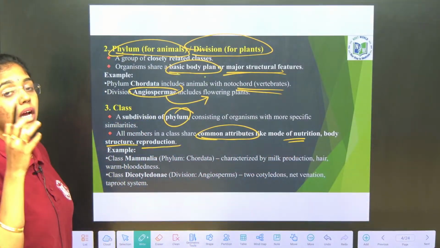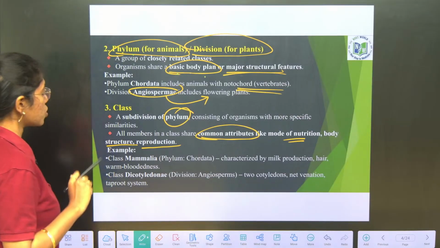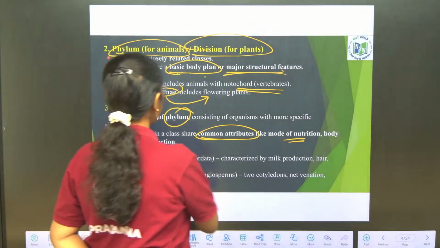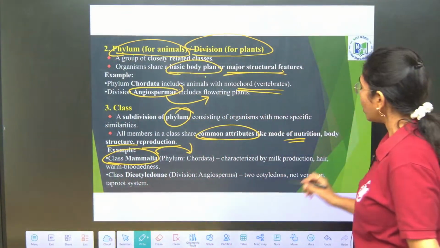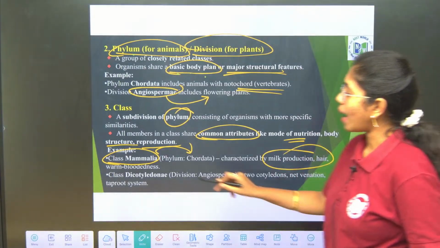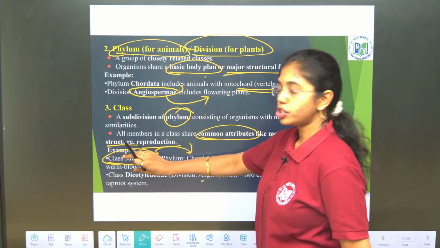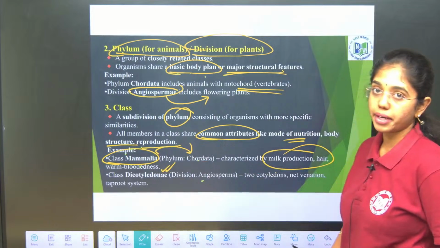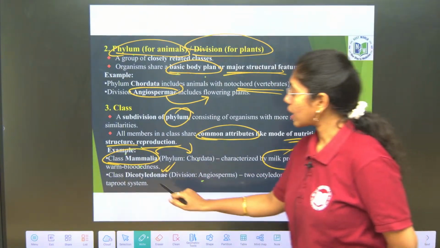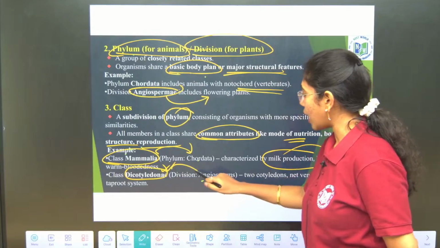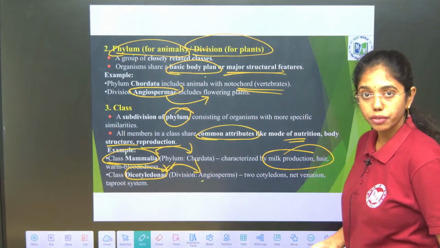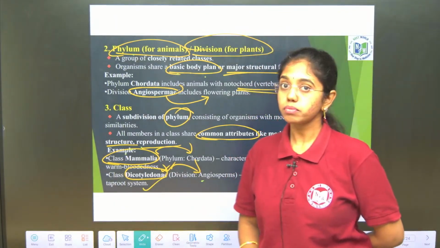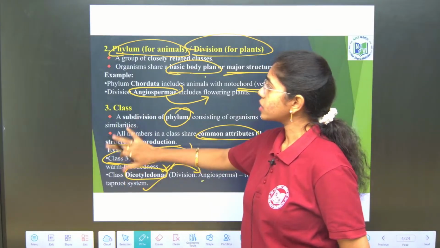For example, class Mammalia under the phylum Chordata is characterized by what? Milk production, hair and warm bloodedness. If you consider plants, class Dicotyledons under the division Angiospermae consists of a few characteristic features like 2 cotyledons, net venation and taproot system. Clear, right? So, this is about phylum and class.